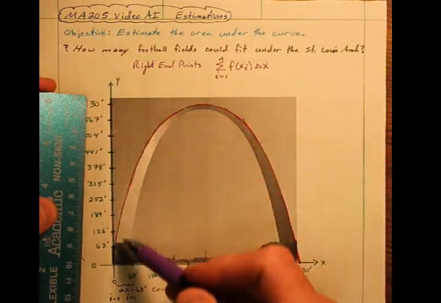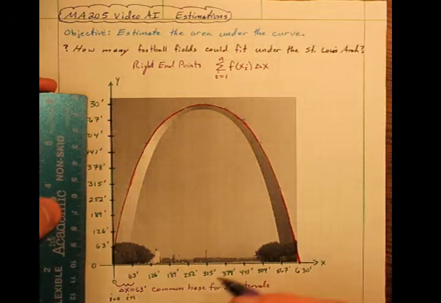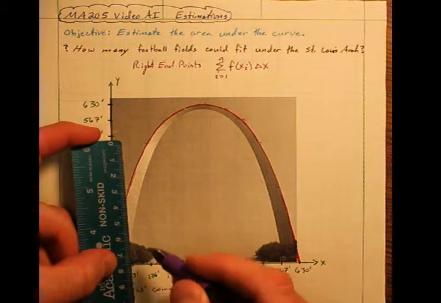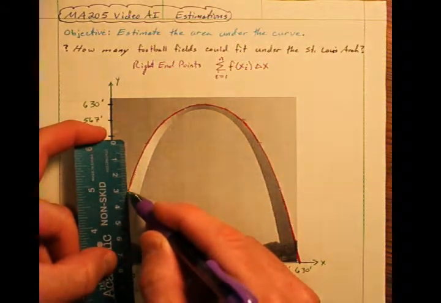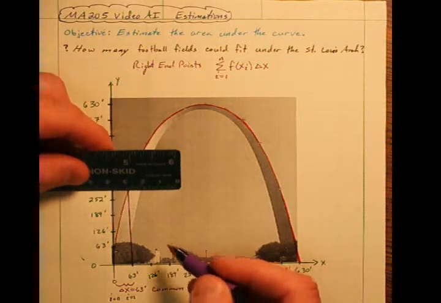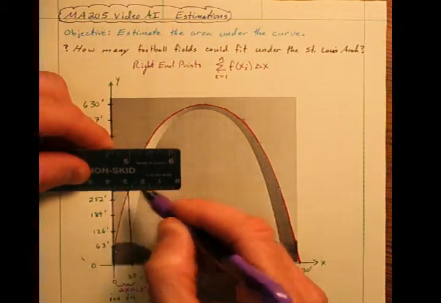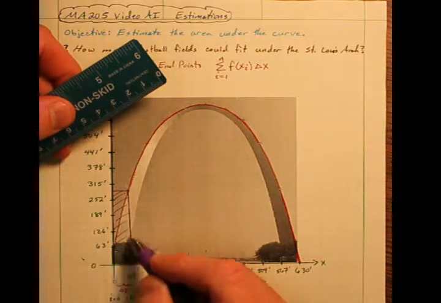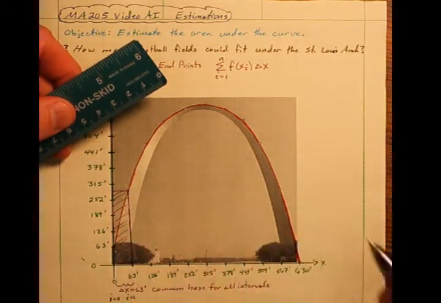I'm going to estimate the area underneath the red line, or the total outside edge of the arch. With the right endpoint formula, this becomes my first rectangle under the curve.